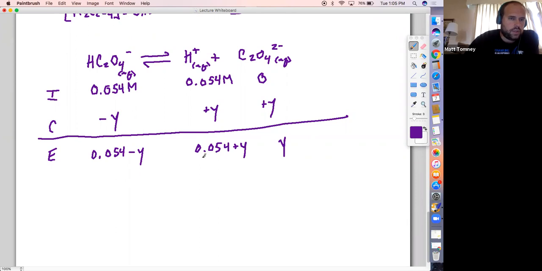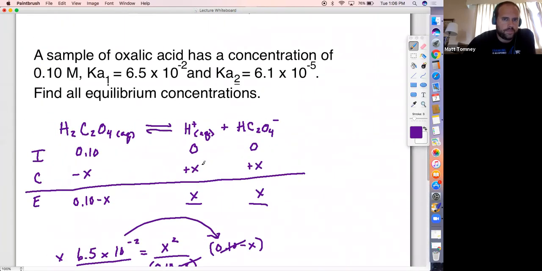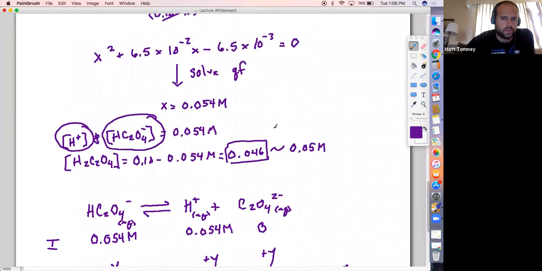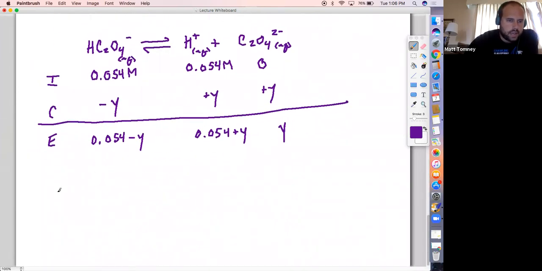Okay, so when we do that, what we're going to end up with is the sum of those two. So now we have to go back up to the problem because Ka2 is given here, 6.1 times 10 to the minus fifth. Right, so we come back and we say, I'm going to set 6.1 times 10 to the minus fifth equal to this entire setup.